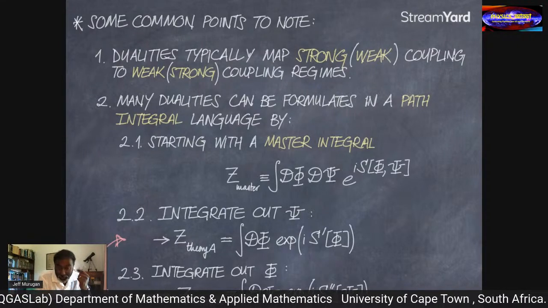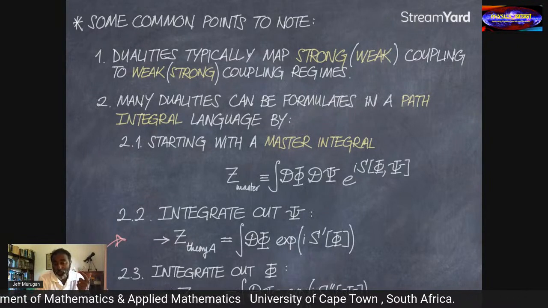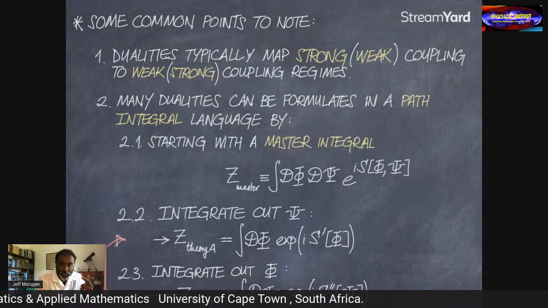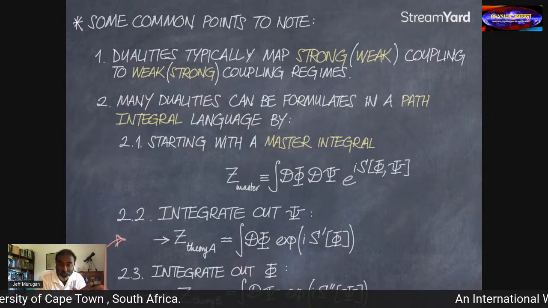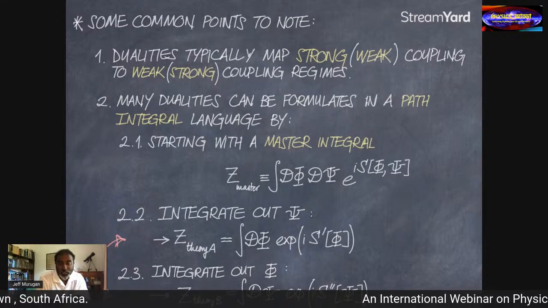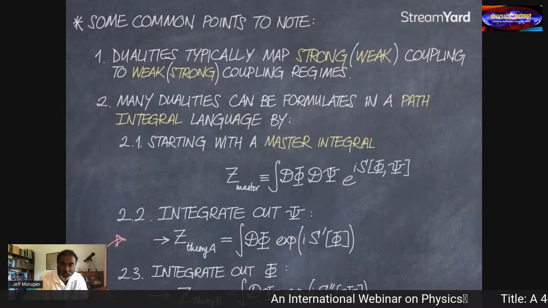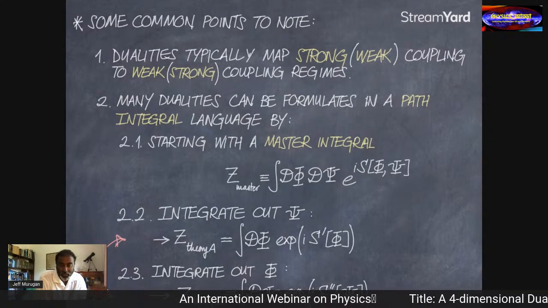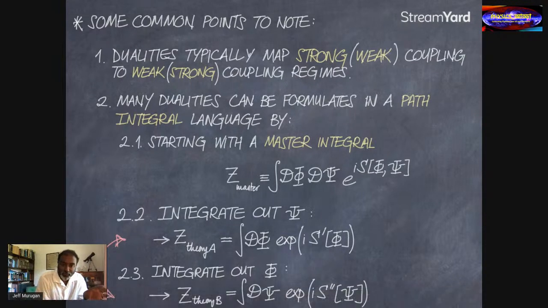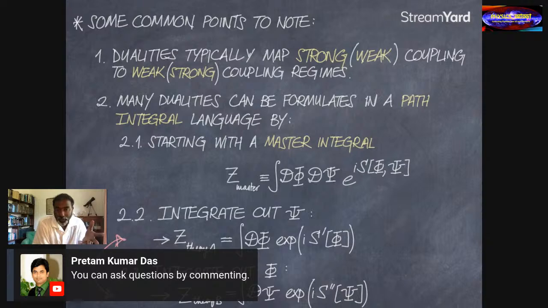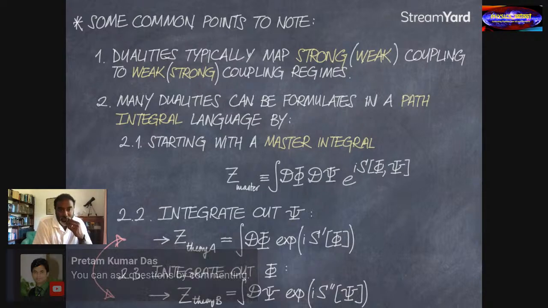It doesn't really matter. So that's the starting point. That's step 1. Step 2 is if you start off with this master path integral, and you integrate out, you do the integral over the psi's, then what's left is a theory whose partition function or path integral Z, let's call it theory A, is given by the path integral over the remaining fields phi, weighted by e to the i, let's call it S prime, of phi, only of phi's. I've integrated out all the psi's.